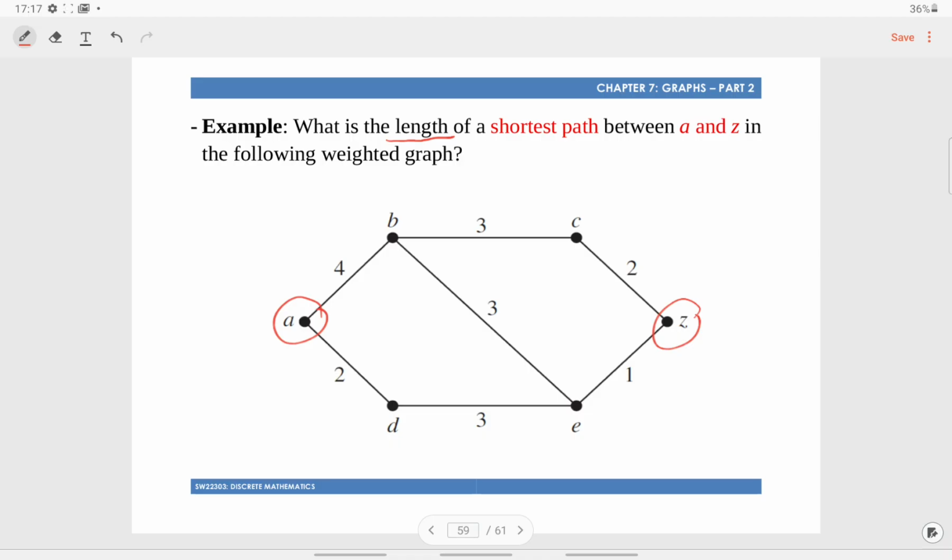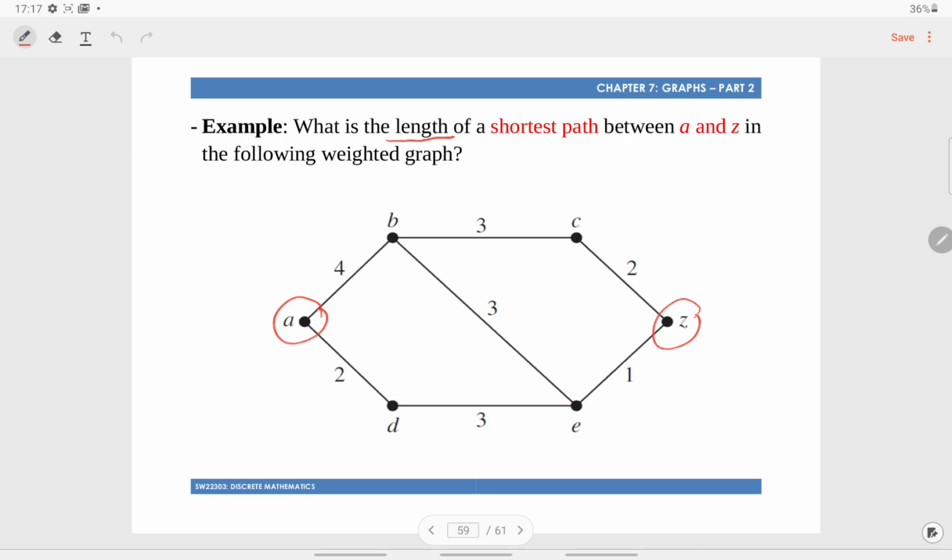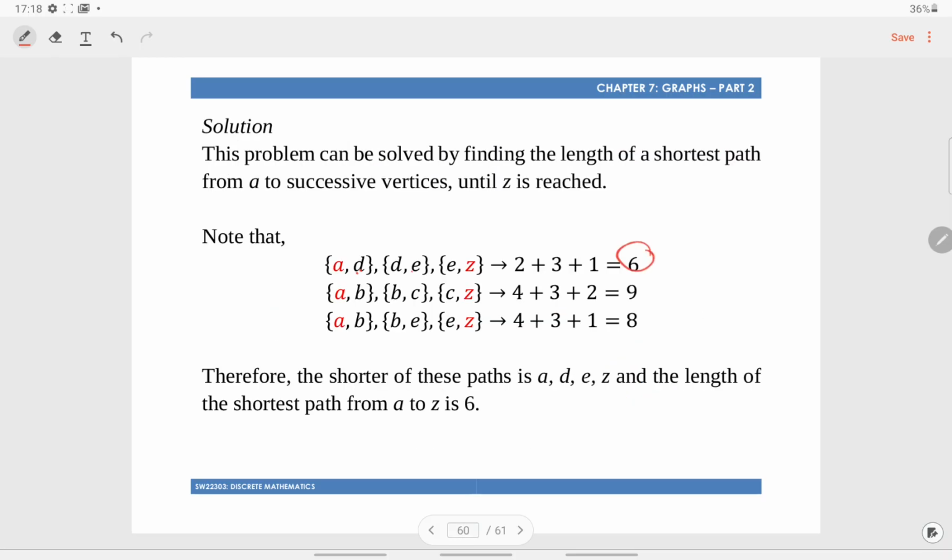Because this is a simple graph, we can list down all the possible paths from A to Z. From A to Z, we have A to D, D to E, and E to Z. What is the length? 2 plus 3 plus 1, so the answer is equal to 6.